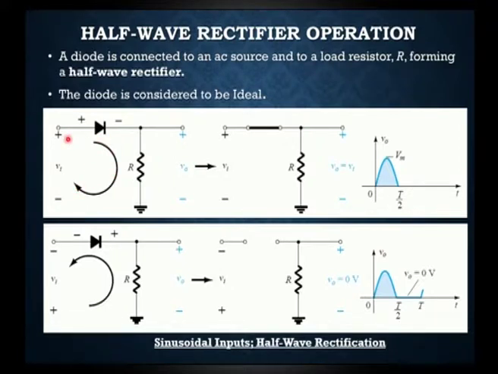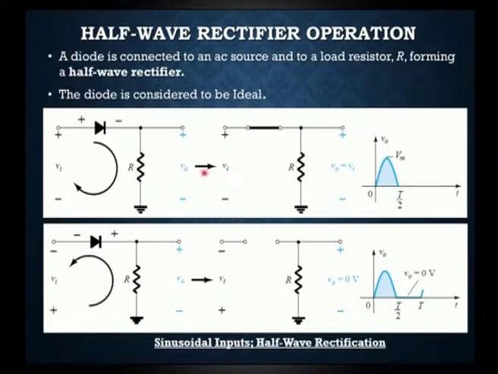Here the rectifier diode is connected across the load resistor R, V0 is the output voltage and Vi is the input voltage. If we connect the diode like this, it forms a half wave rectifier, and this can also be redrawn as a short circuit equivalent of the diode.